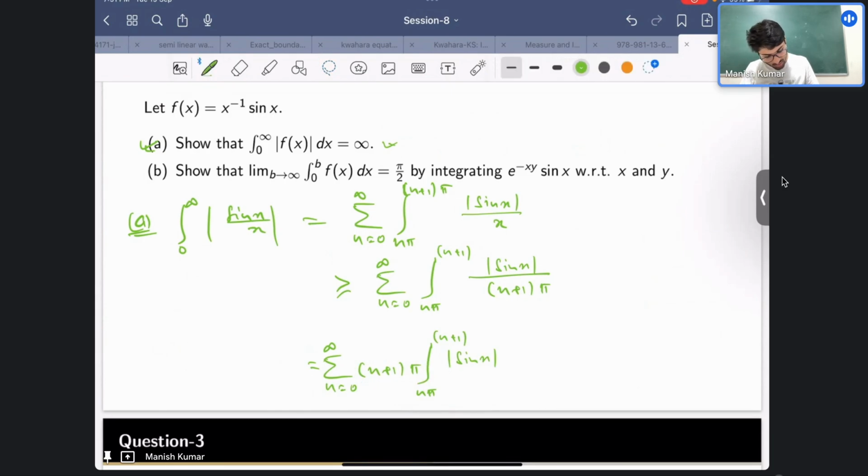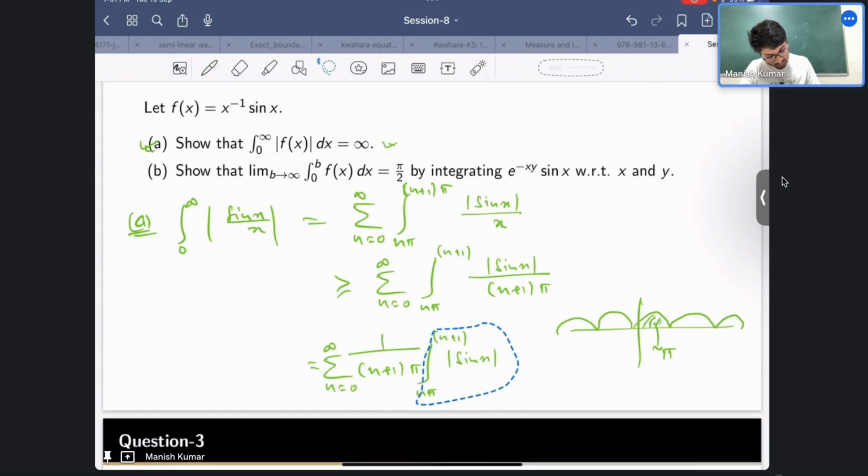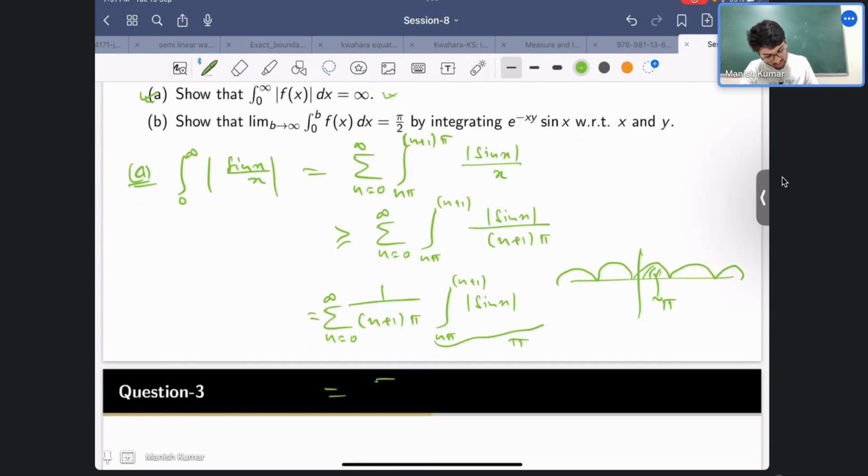Now you know the mod sine function is like this, and each such area is nothing but pi. So this integration is pi. So this turns out to be the sum for n equal to 0 to infinity of 1 by n plus 1, and you know that this series diverges. So this integral is infinity.